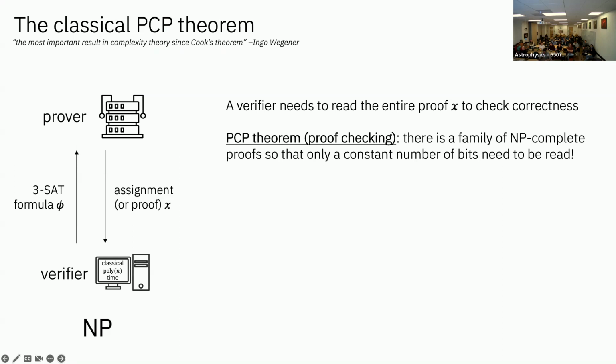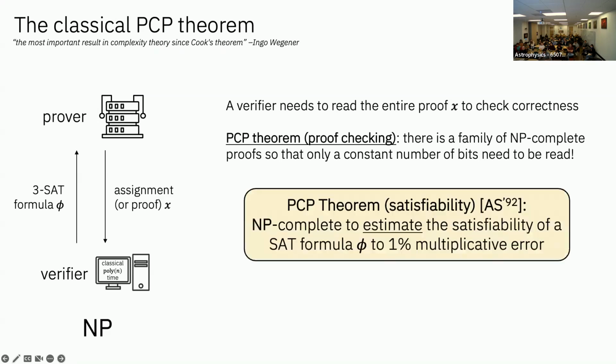And if that's the case, then he's bada bing, bada boom, he's done. And this notion of proof checking was connected to a notion of satisfiability, which said that not only is it NP complete to exactly calculate how satisfiable a formula is, even calculating it approximately, even to estimate it, is hard.